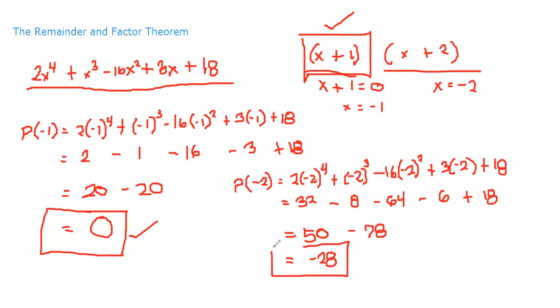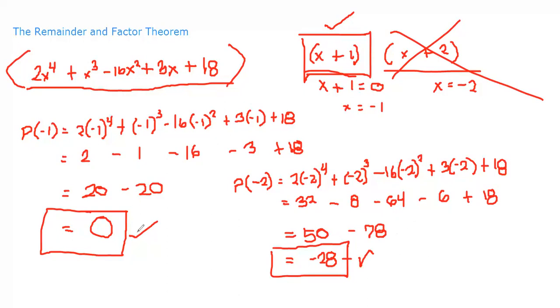So, hindi siya nag-zero. It means x plus 2 is not a factor of this polynomial. Okay? So, x plus 2 is not a factor, but x plus 1 is a factor. In this one, we have the remainder. This is our remainder, negative 28. And this is not a factor because we have a remainder.